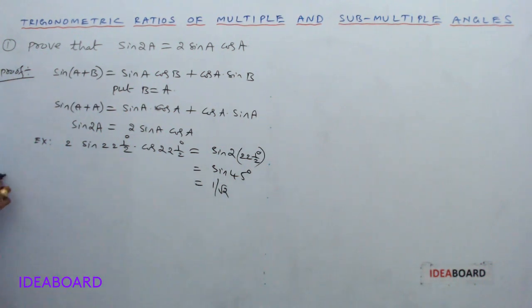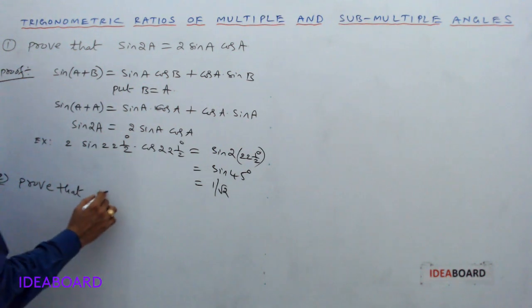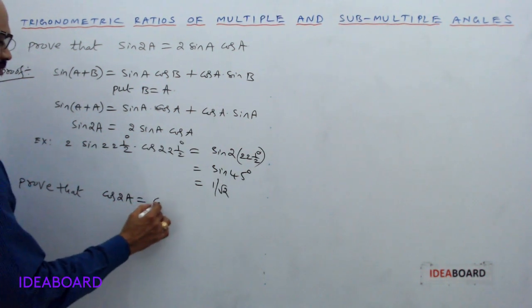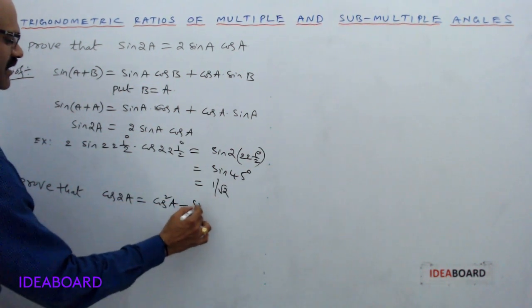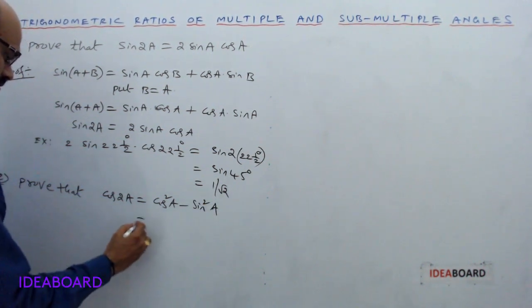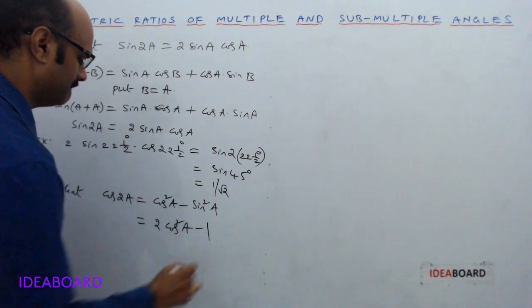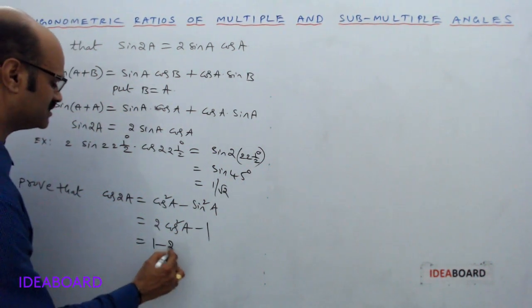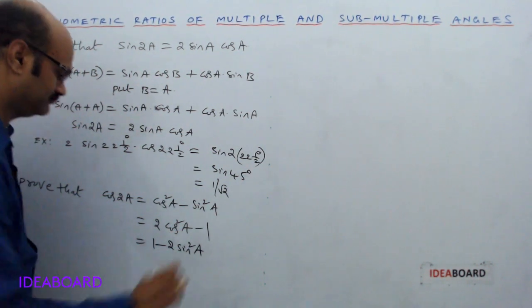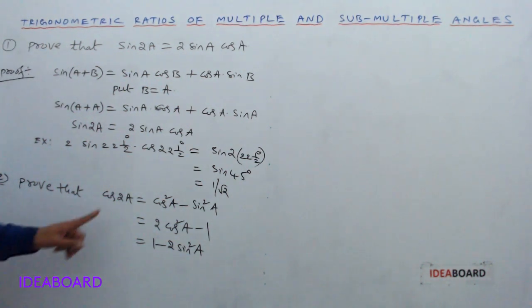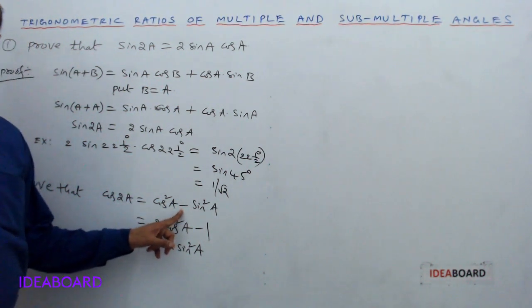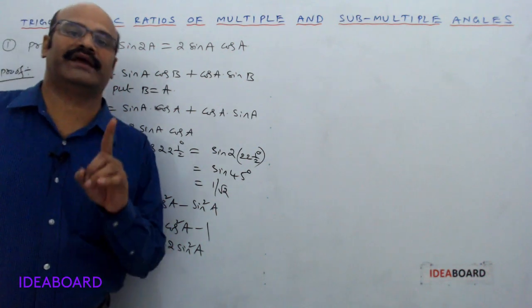Now second one, prove that cos 2A equal to cos square A minus sin square A equal to 2 cos square A minus 1 equal to 1 minus 2 sin square A. To prove this, we have to take the formula from the compound angles.